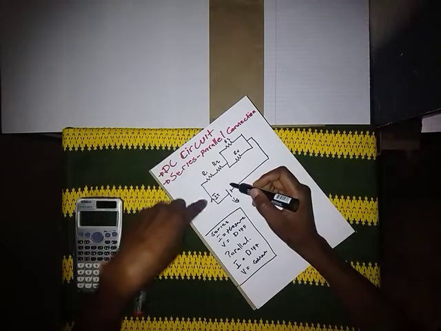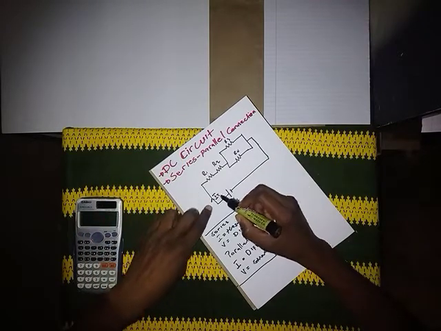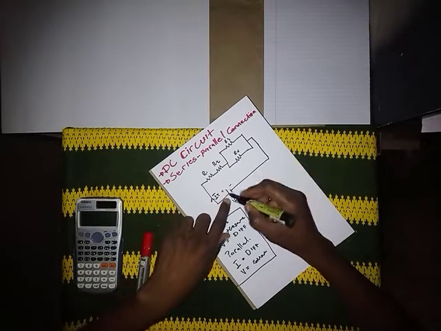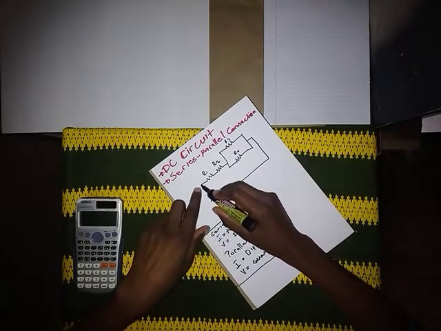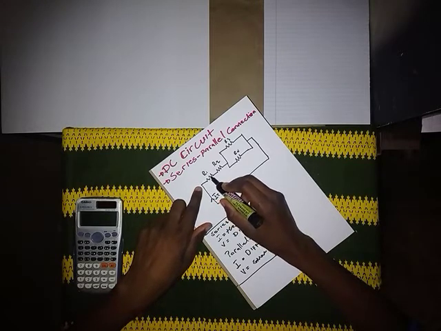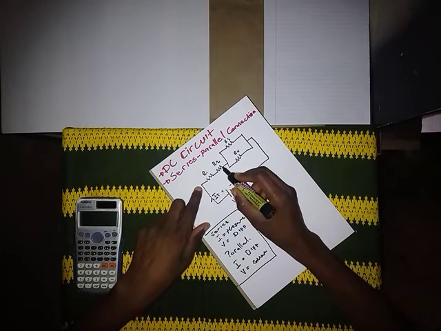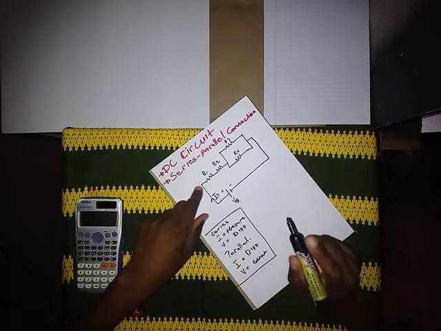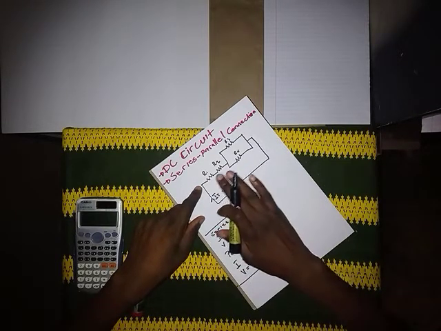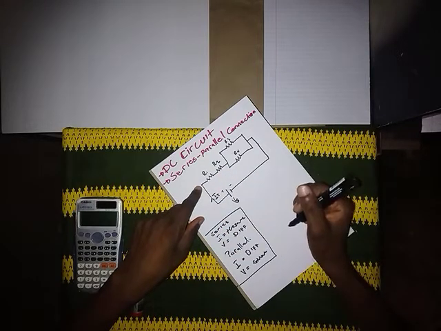For example, here we have IT flowing from our source from positive to negative. The current passing through R1 and the current passing through R2 is going to be the same. So what does that mean? It means R1 and R2 are in series.